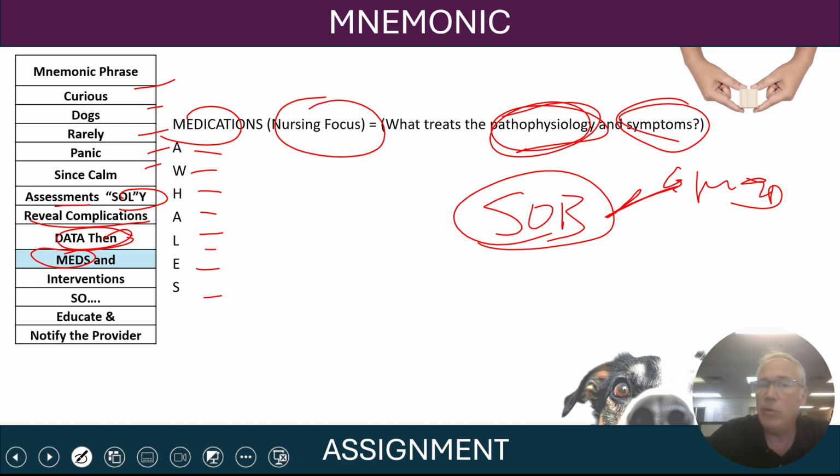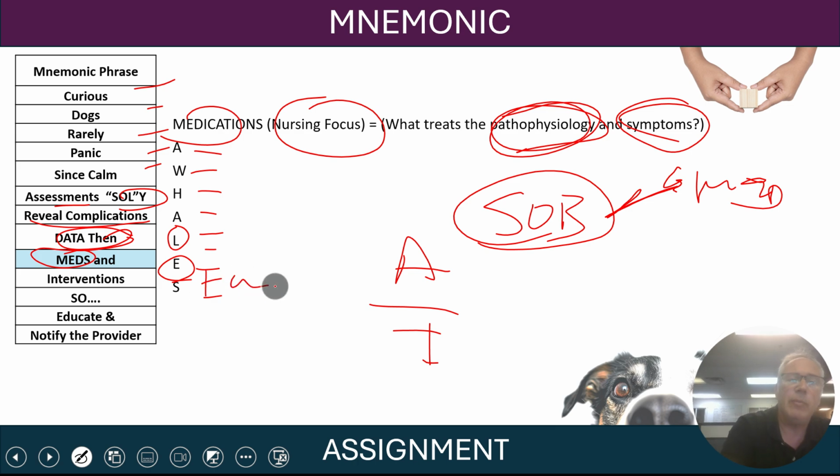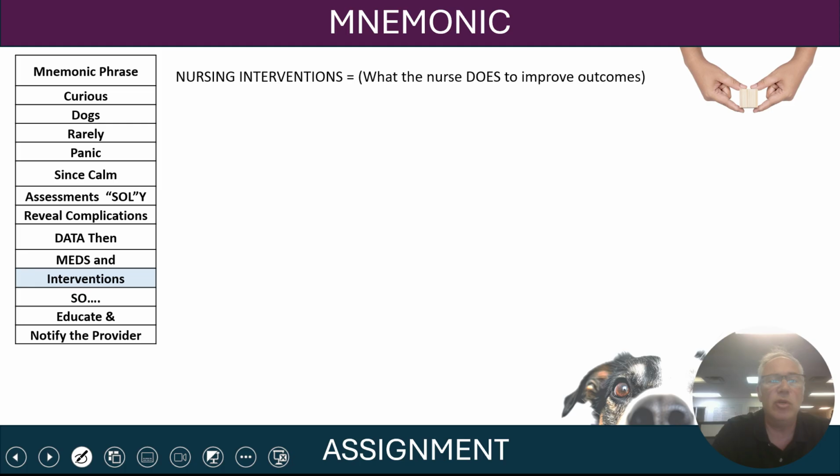H means when do you hold it? A is assessment, which we've been talking about. L is labs. And E, does it affect eating? Are there special diets? And then what stands out about this medication? You'll learn this as you progress in your nursing career, and you should be able to be verbatim about your medications and do an AWHALES 3 on a medication.